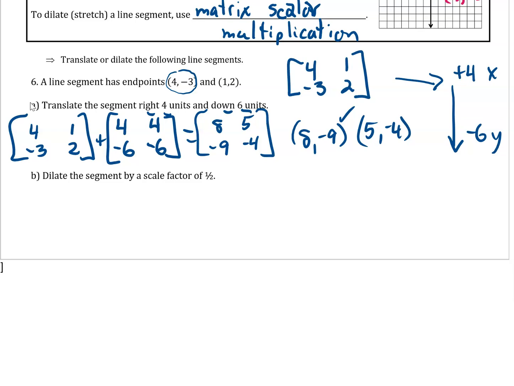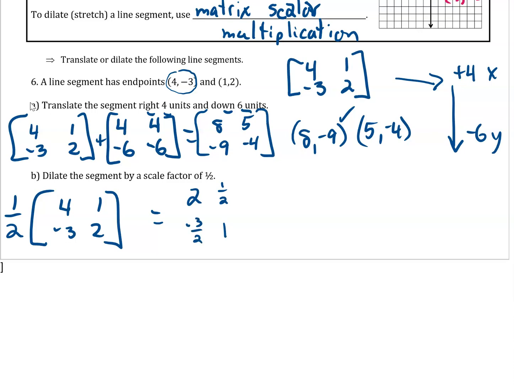Let's dilate the original line segment by a factor of 1/2. So I'm going to multiply it by a scalar 1/2. When I do that, 1/2 times 4 is 2. 1/2 times 1 is 1/2. 1/2 times negative 3 is negative 3/2. 1/2 times 2 is 1.